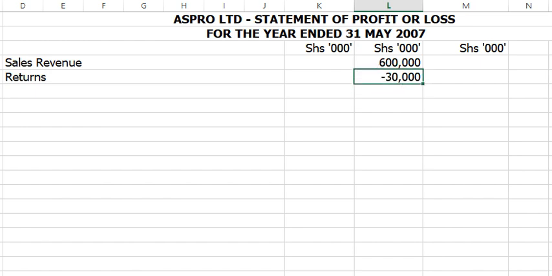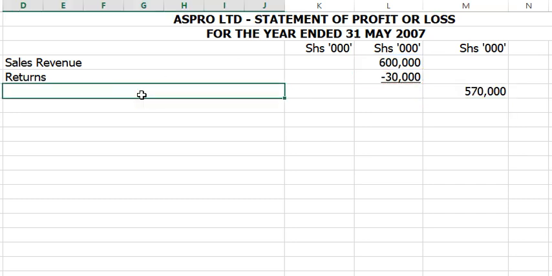The returns are deducted from the sales to arrive at what we call the net sales figure, which is the sales revenue less the returns. So we have our net sales revenue. So our net sales revenue is 570,000, or 570 millions in this case.